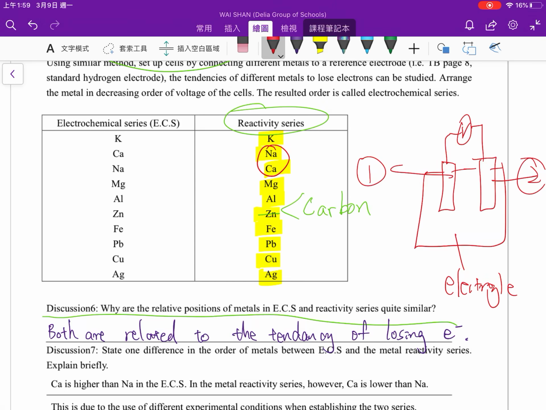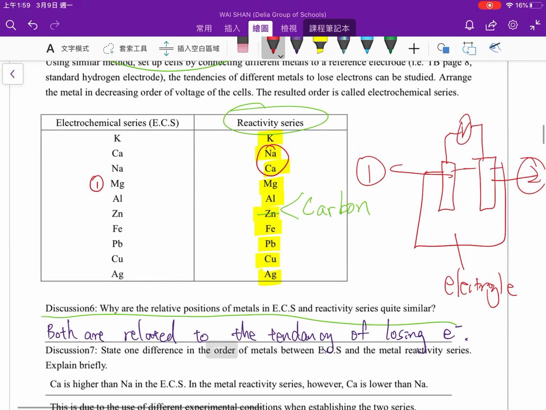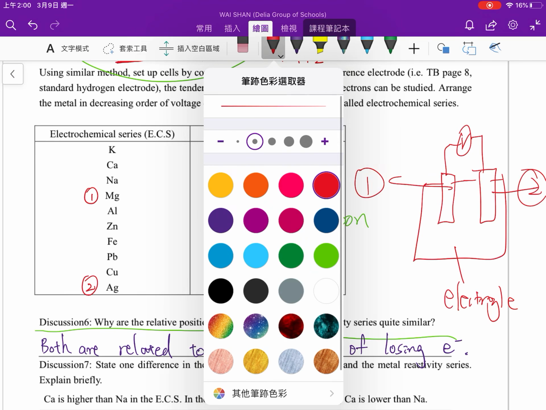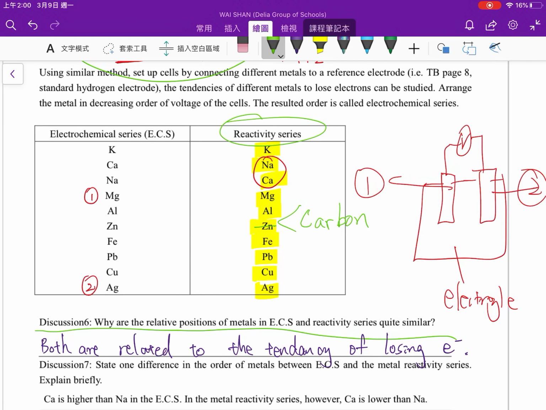If I choose magnesium to be metal 1 and silver to be metal 2, and for another battery I use zinc to be metal 1 and silver to be metal 2, then which chemical cell will have a higher voltage?